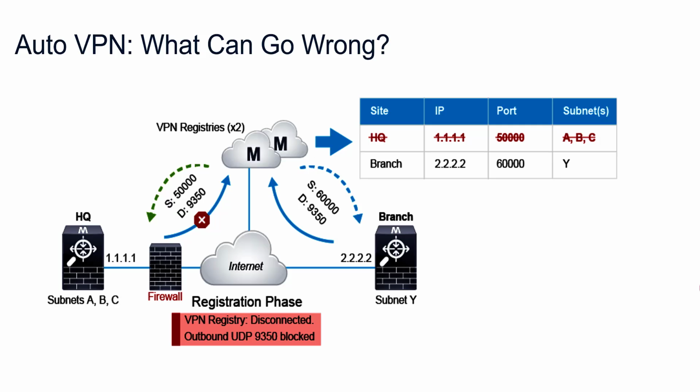How do we actually troubleshoot this? In the dashboard, we would look for something like VPN registry unreachable or failed to connect to registry. Then we can start to do our test connectivity. Can the MX reach the internet? Is DNS working? Go back and check your firewall rules for outbound UDP 9350, and then even look for return traffic.